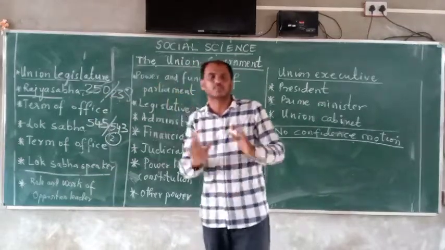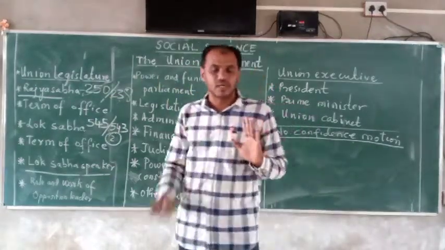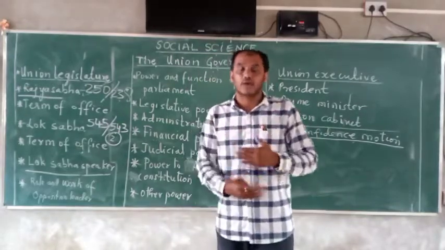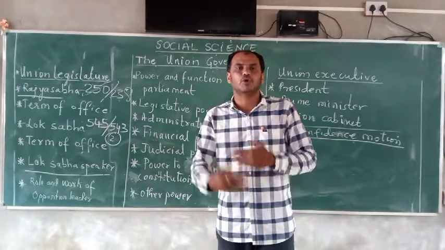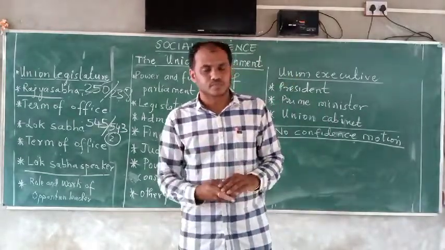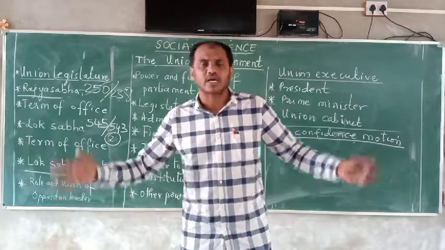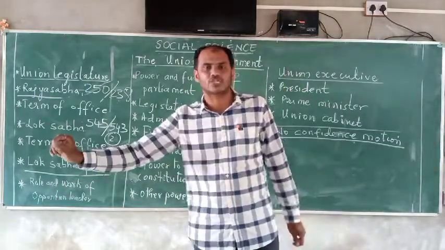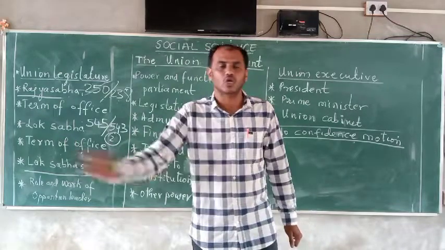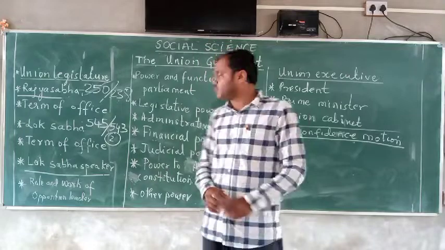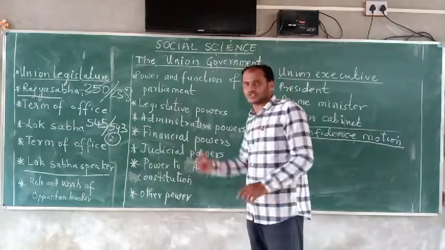After the discussion, the approval of both the houses is needed. After the approval of both the houses, it is sent to the president. When the president puts his signature, it will become a law. It has been approved.